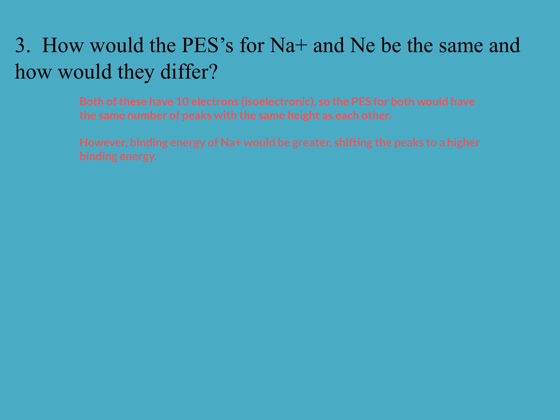Okay, I think it's going to be a good idea to write down what the core charges of both of these are. Neon has a core charge of +8, because neon has 10 protons, and you take away the 2 core electrons, and that's going to give you the +8.